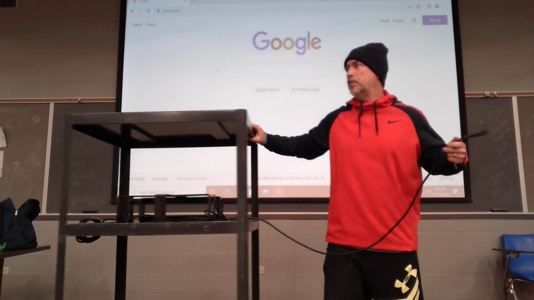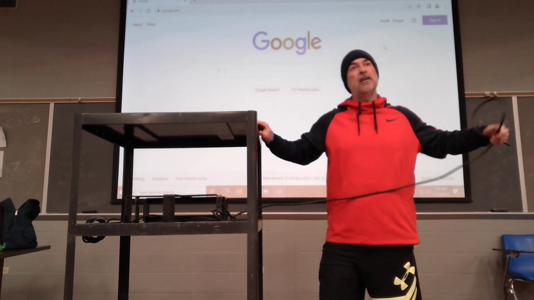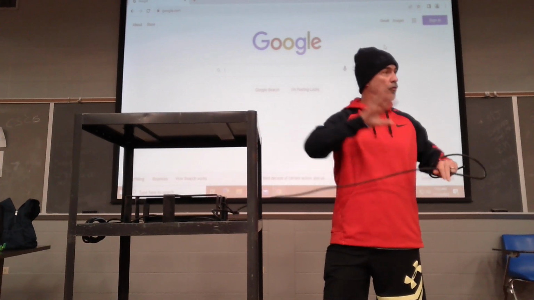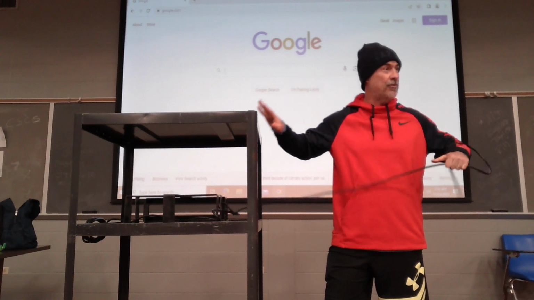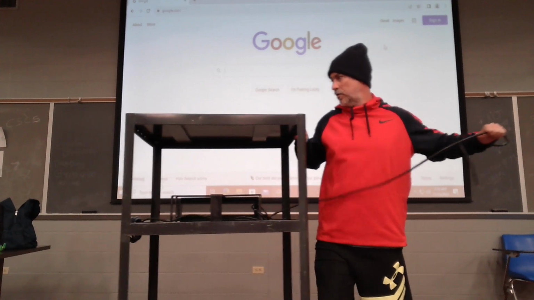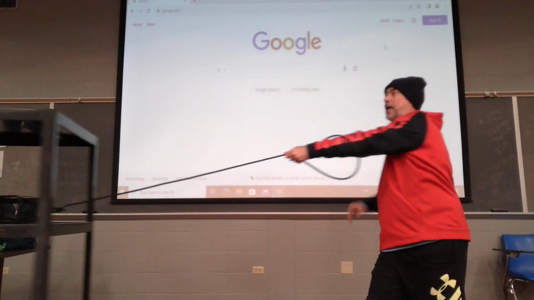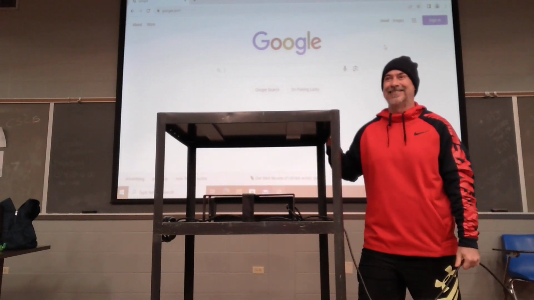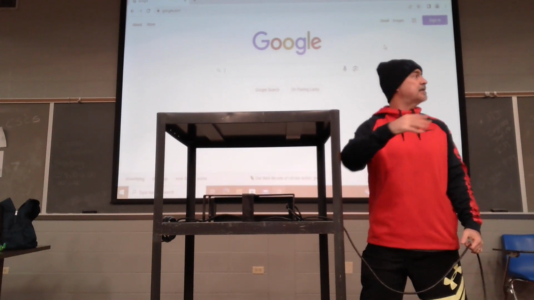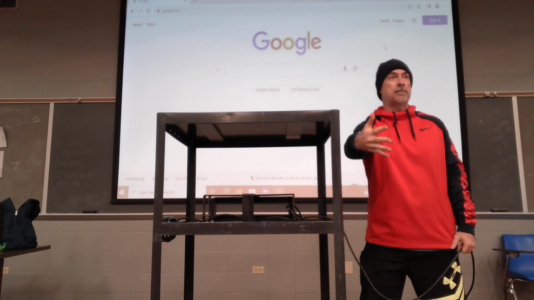If the cart was moving away from me, I could influence its motion moving away from me, but only by slowing it down. So in other words, the cart moves away from me, I can pull it to a stop, and then change its direction and make it come to me. Guys, that's what we call a plyometric sequence.